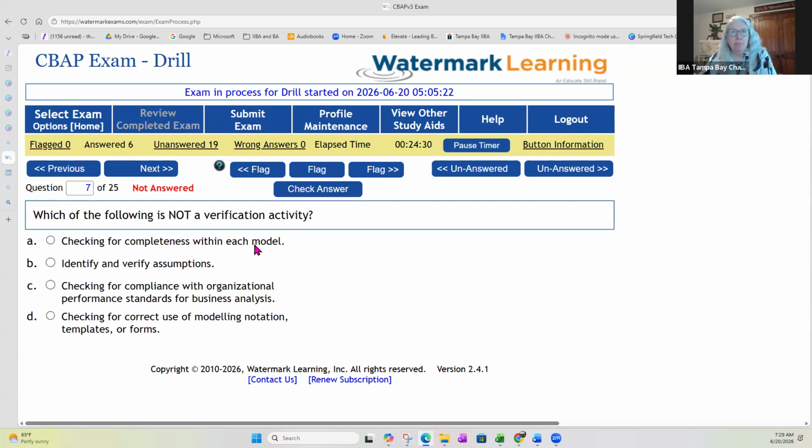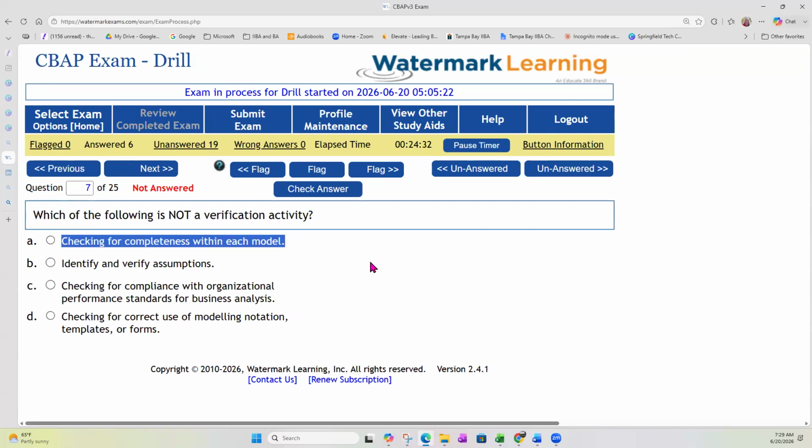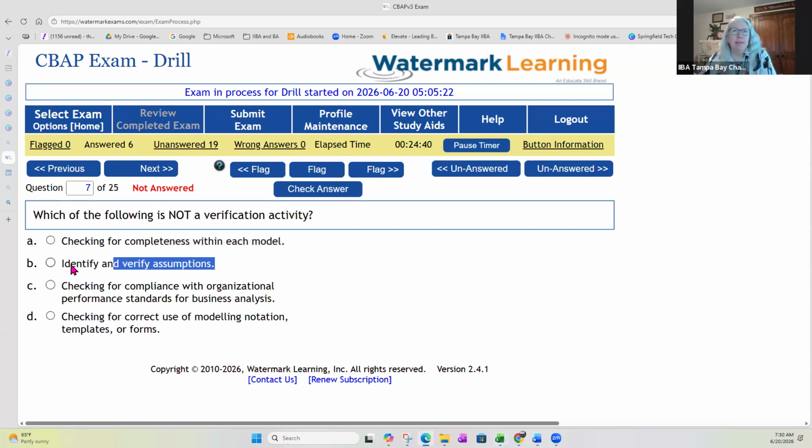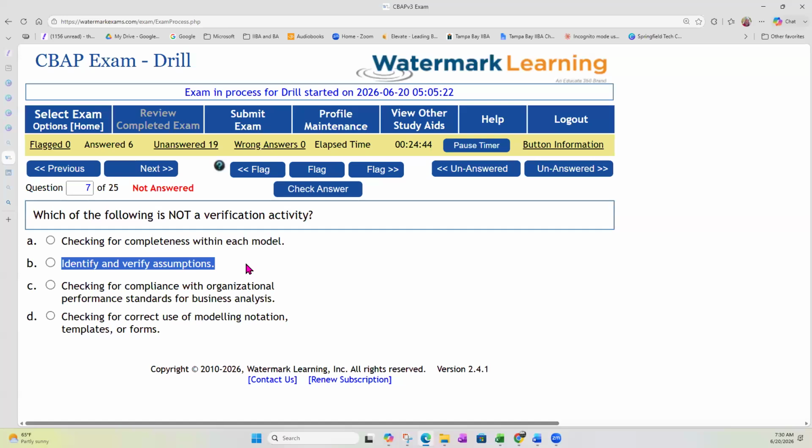So let's start at the top. You think this one is a verification activity? Yes. Okay. Yes, and the compliance too, and the correct use of modeling, notation, templates, or forms.